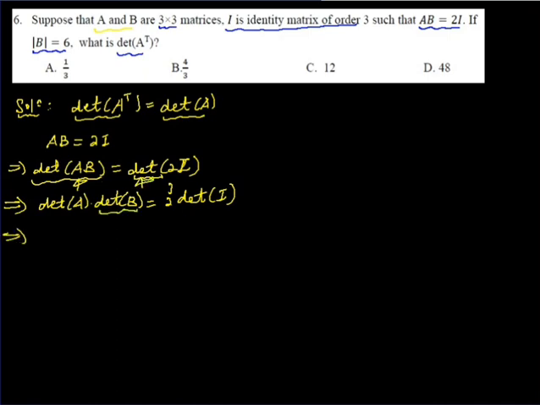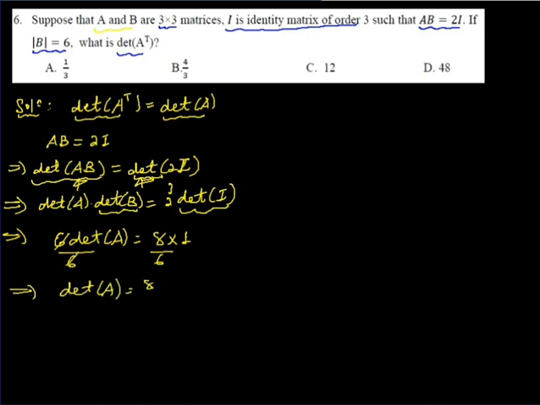So use 6 in place of the determinant of the matrix B. 6 times the determinant of the matrix A is equal to 8 times the determinant of an identity matrix, which is 1. So 8 times 1. Dividing both sides by 6, the determinant of A is 8 over 6, which is simplified to 4 over 3.